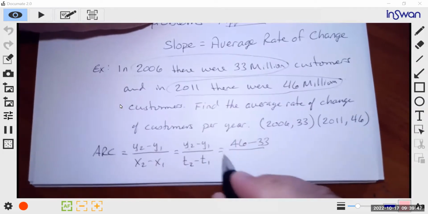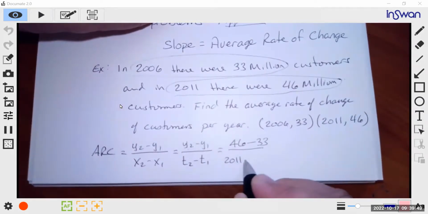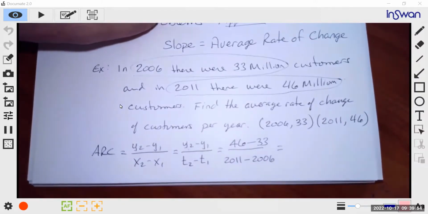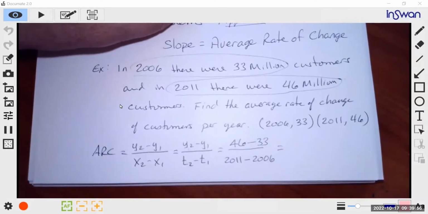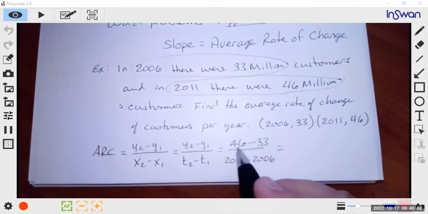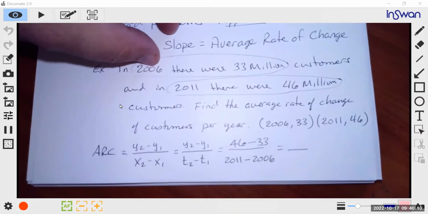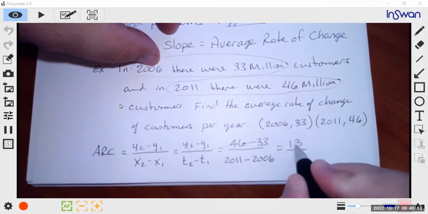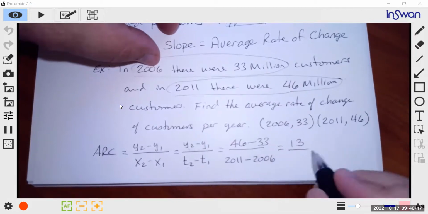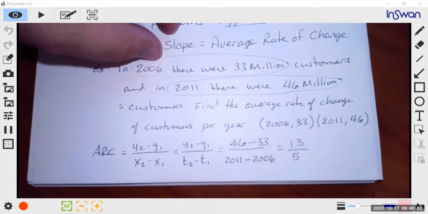Time 2 is 2011 minus 2006. 46 minus 33, 13. 2011 minus 2006, or 11 minus 6, 5.